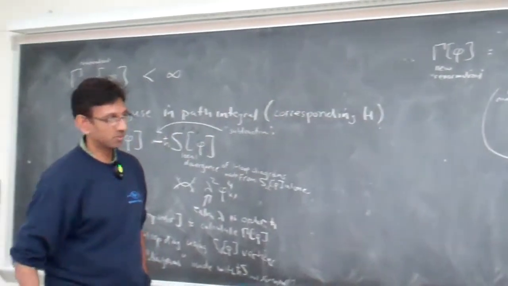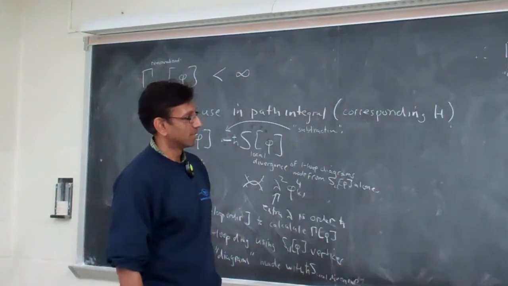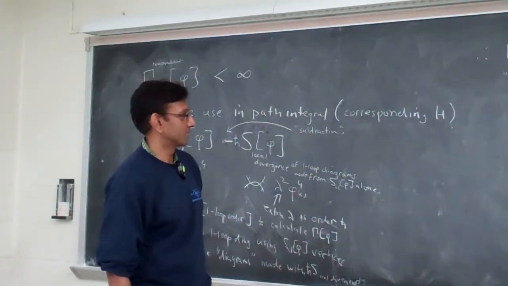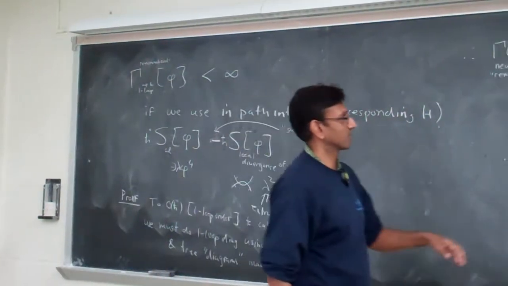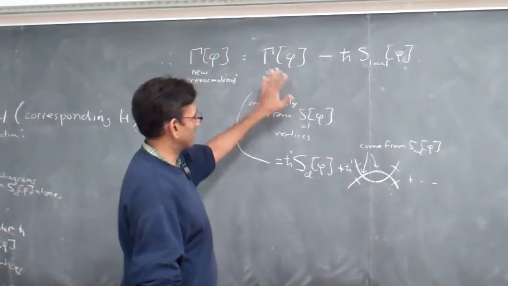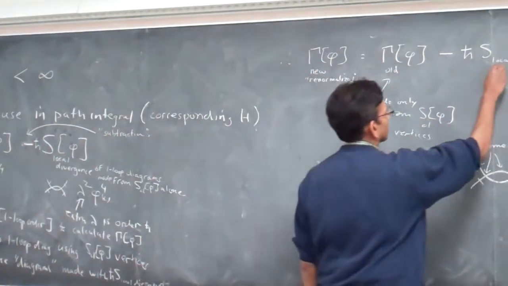Play around with it till you see, I mean, if it's not immediately clear right now, why it is merely subtraction. This thing just appears as an add-on to everything going on. This is local divergence.